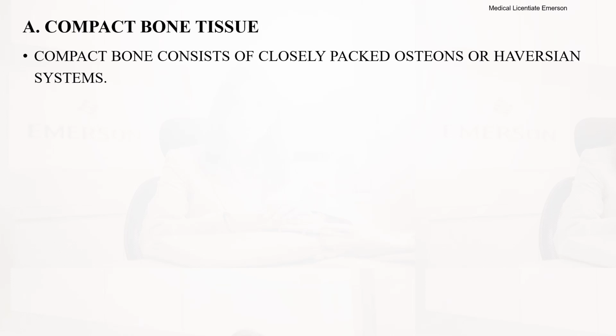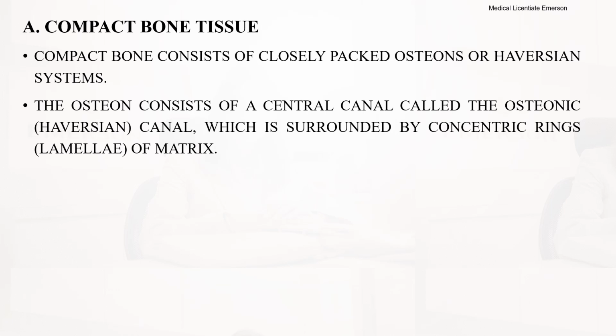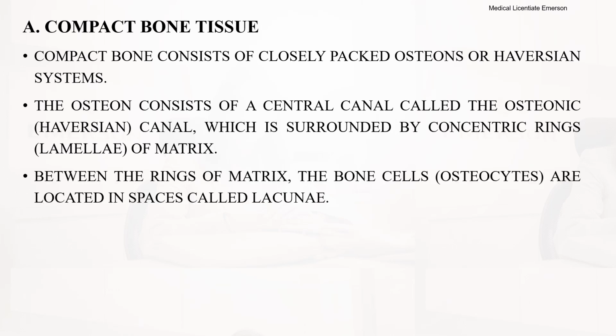Okay, so let's start with the compact bone tissue. The compact bone consists of closely packed osteons, or Haversian systems. The osteon consists of a central canal called the osteonic or Haversian canal, which is surrounded by concentric rings, the lamellae of the matrix.